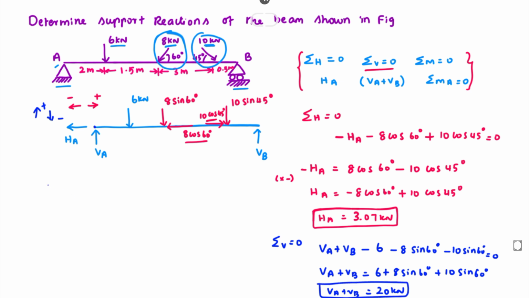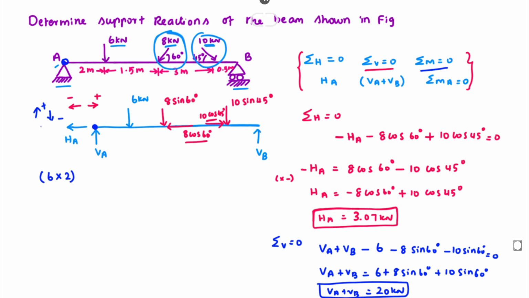Okay, now we go to the third step, sum of moment equal to 0. We take the moment about A. Moment about A: we have the force 6 into a distance of 2 meter. This is in the clockwise direction. If the force is clockwise, we take a positive value, and if it is anti-clockwise, it will be negative.